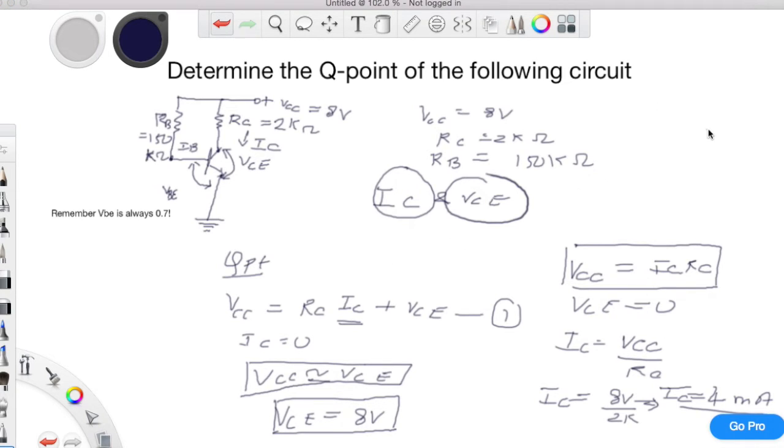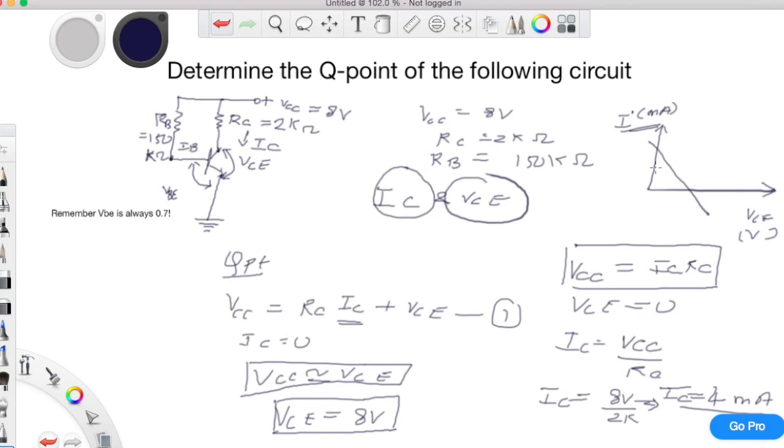because you'll get another 2 marks for your diagram. So here is your IC in milliamps. Please remember to put the units, and VCE in volts. We'll directly make a straight line.